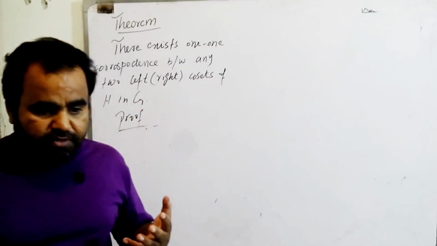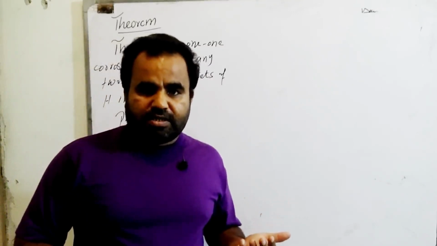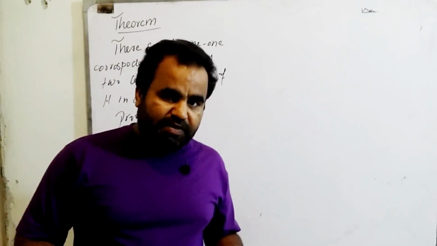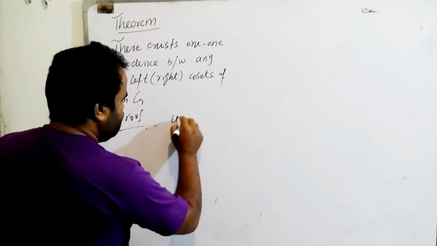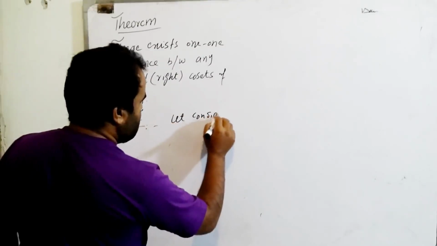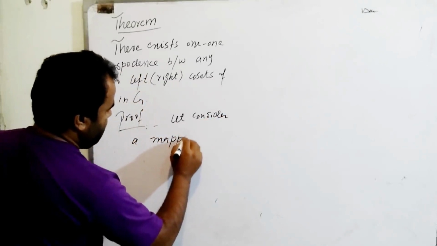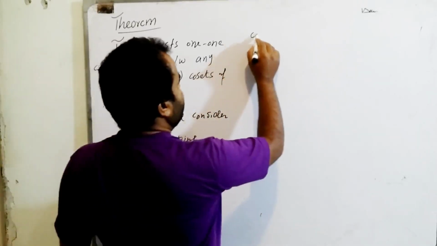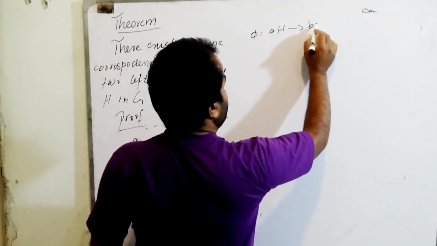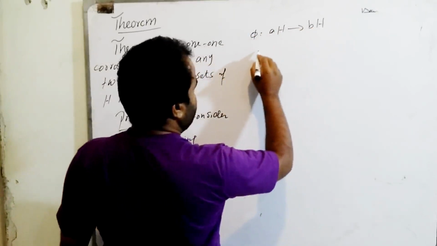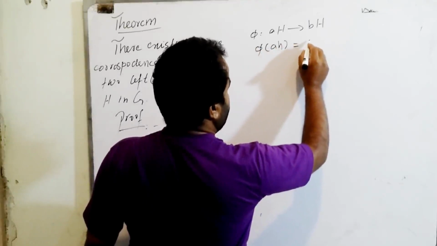In order to define a function, we must take two left or right cosets. So here I am taking two left cosets. Consider a mapping phi from AH to BH, such that phi of AH is equal to BH.